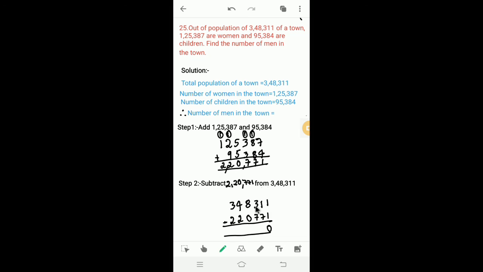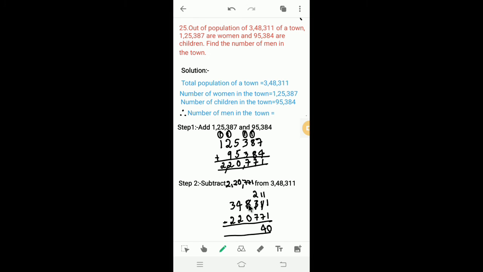We have to borrow from next number. Here next number is 3. If we borrow from 3, then 3 becomes 2 and here 1 becomes 11. 11 minus 7 is 4. 2 minus 7 is possible to subtract? No, it is not possible. So what we have to do? We have to borrow from next number. Here next number is 8.